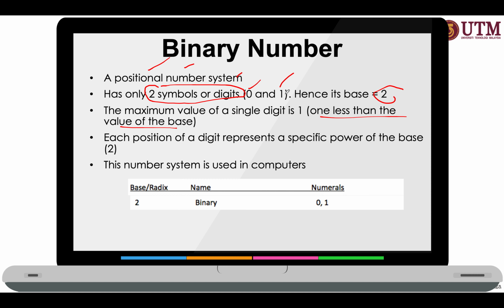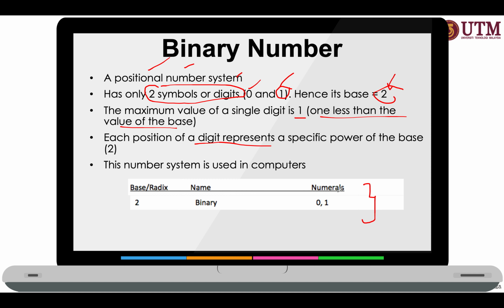You can see over here the maximum is 1 because it's 1 less than the base. Each position's digit represents a specific power of the base 2. So this is how it looks like.